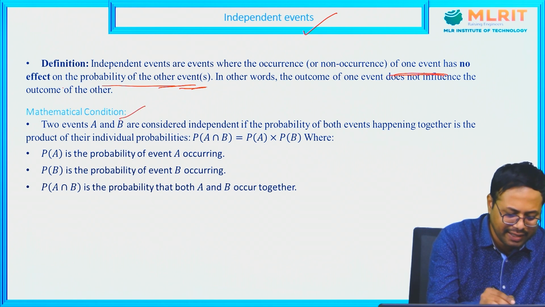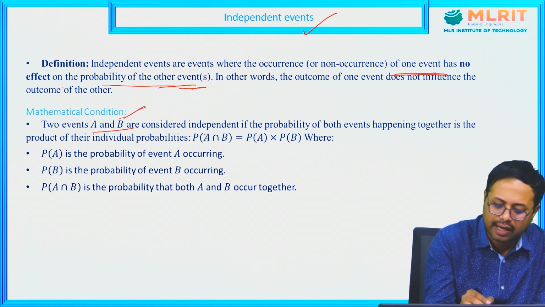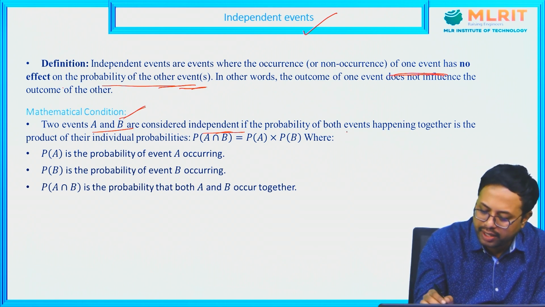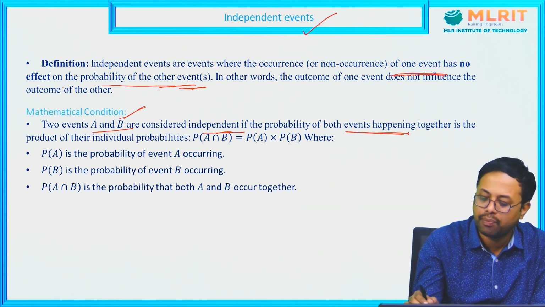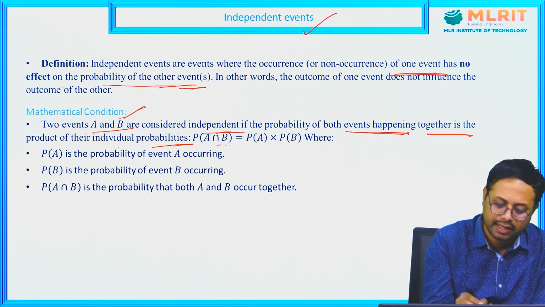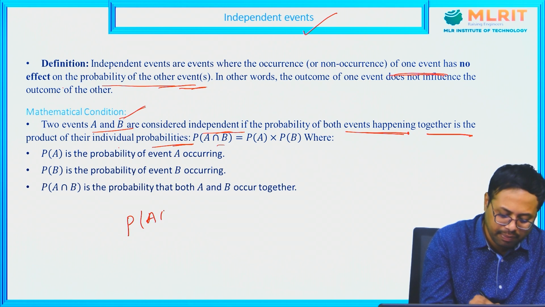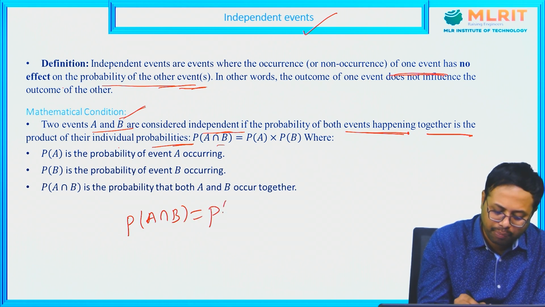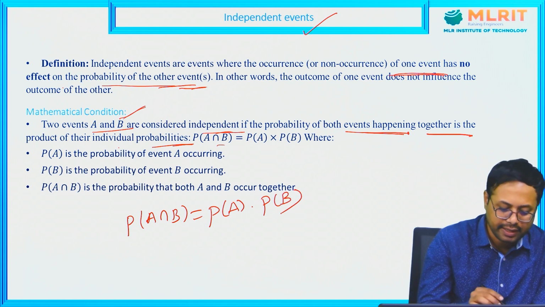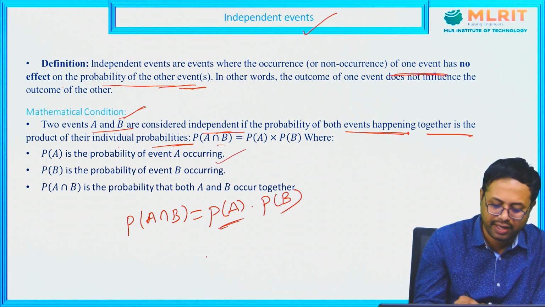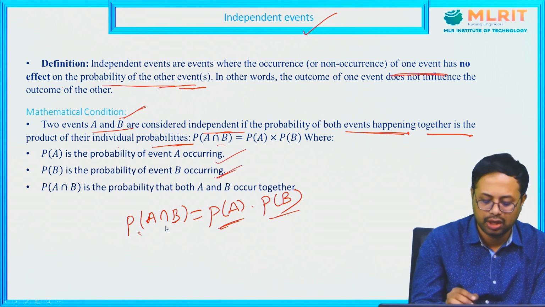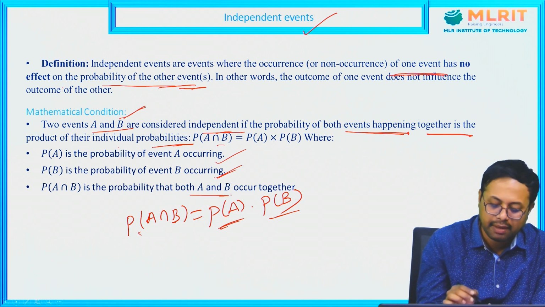In the mathematical condition, two events A and B are considered to be independent if the probability of both the events happening together is the product of their individual probabilities, that is, P of A intersection B equals P of A into P of B. Here P of A represents event A, P of B represents event B, and P of A intersection B represents the probability that both A and B occur together.